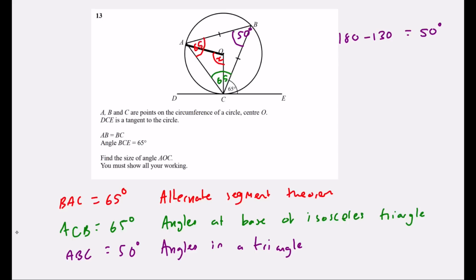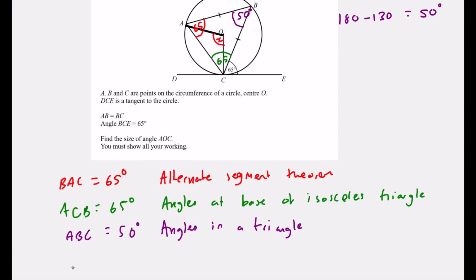And then finally, we can use the angle at the center is twice the angle at the circumference. So we've got 100 degrees. It's double the angle at the circumference. From the same points, in the same segment, the angle at the center is double the angle at the circumference.